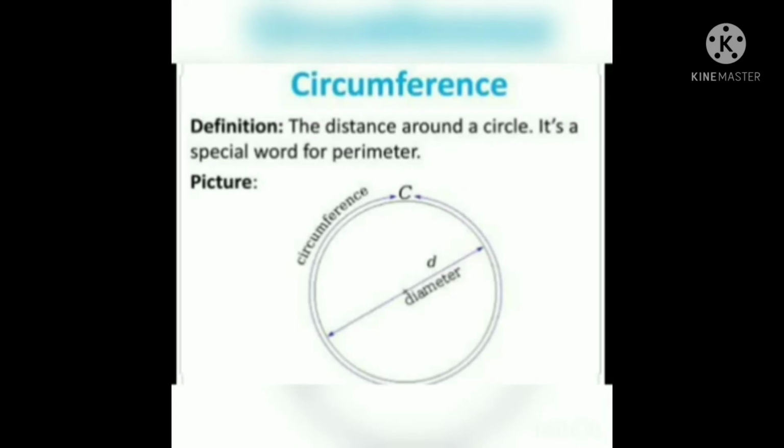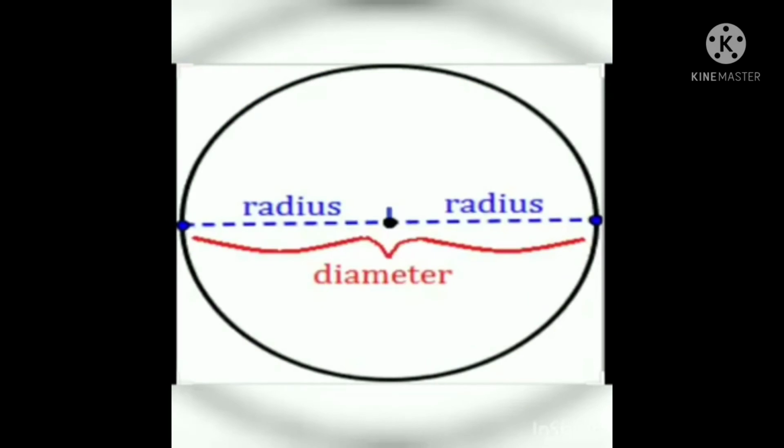Now also you know the radius and the diameter, and the relation between them. What is diameter? The longest chord passing through the center of the circle is the diameter, isn't it? Now what is the relation between diameter and radius?